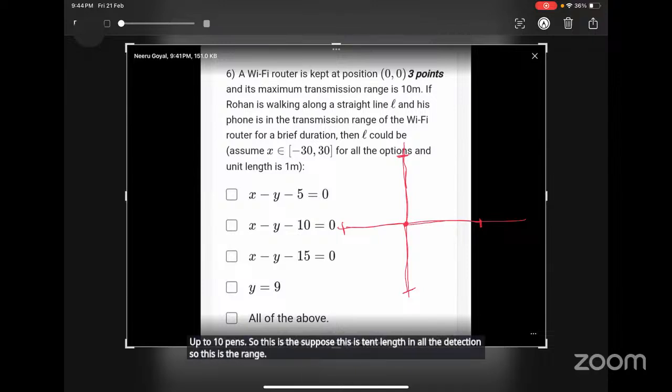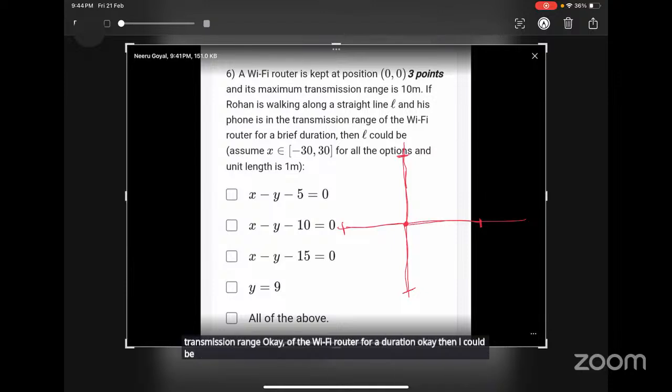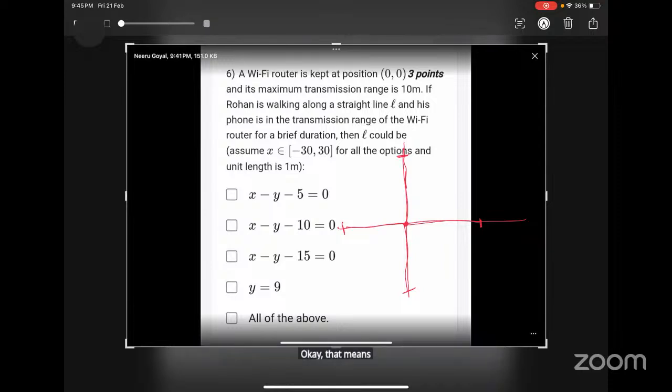If Rowan is walking along the straight line L and his phone is in the transmission range of the Wi-Fi router for a brief duration, then L could be, that means, I don't know what the line is.